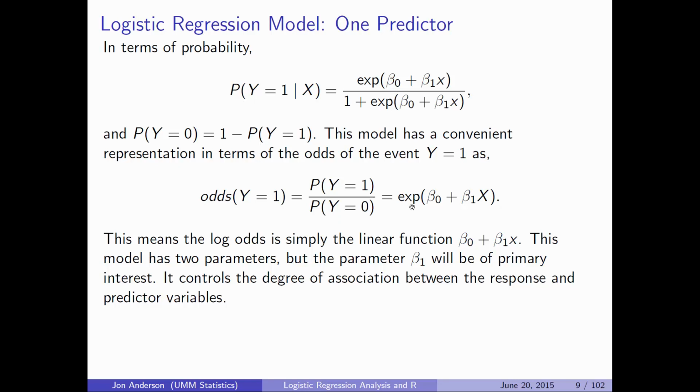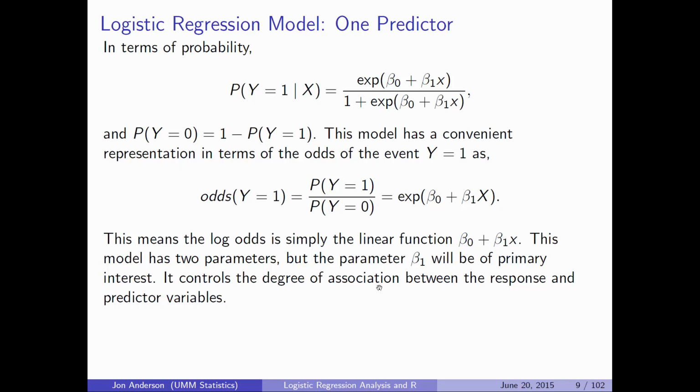And the model is that it's e to the beta naught plus beta 1 times x. And so what controls the relationship between risk of the event and the predictor is the parameter beta 1. Beta 1 is the controlling parameter that controls whether there is a connection between the predictor x and the response variable, the event variable y.